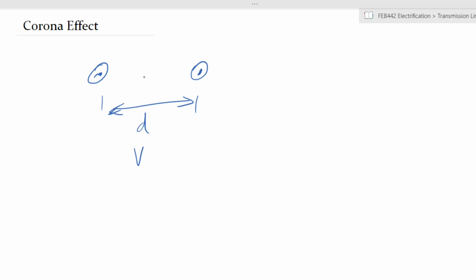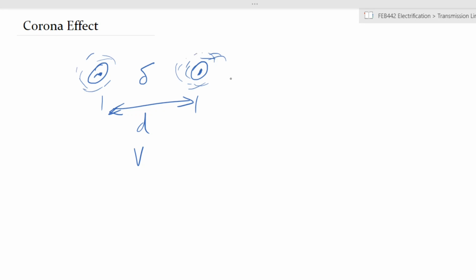And at the same time, there are the dielectric properties, which are the properties of the insulating material, in this case, the air. So the corona effect is the effect that you will see once the voltages are so high that the air surrounding the conductors starts to break down and conduct.